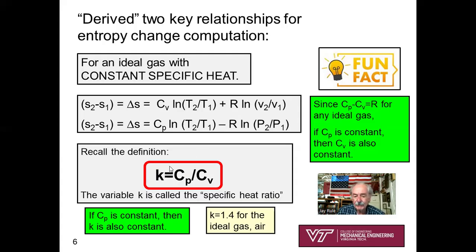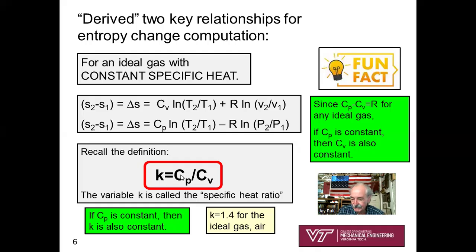And another thing I'm going to remind you of is, wow, all the way back, I think, to chapter 3, where we defined a variable called little k. And we didn't do anything with it, really. But we defined k as Cp divided by Cv. It's called the specific heat ratio. And so, of course, if you've got an ideal gas and Cp is constant, do you see that k is constant?